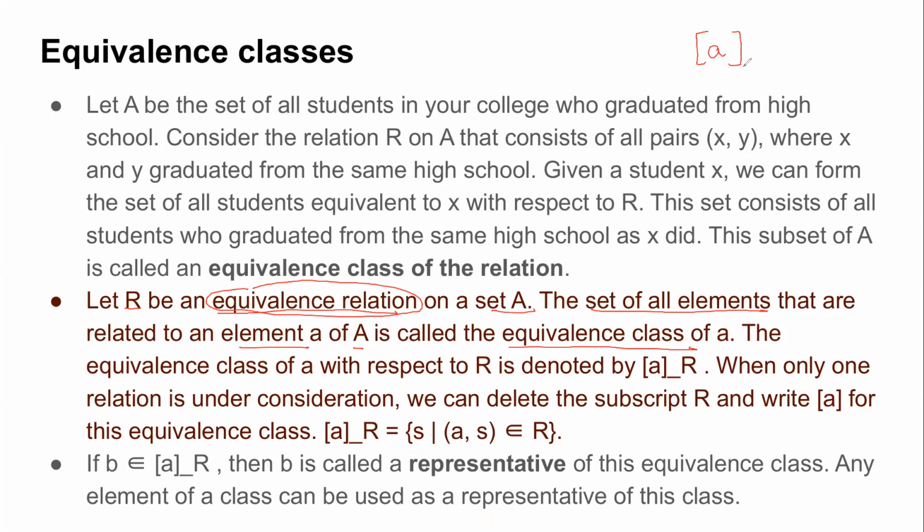Sometimes you write subscript R if there is more than one relation. If you have just one relation, then you can skip this R. Formally, [a] is the subset of all the elements s such that (a, s) is in your relation R, where R is always an equivalence relation.